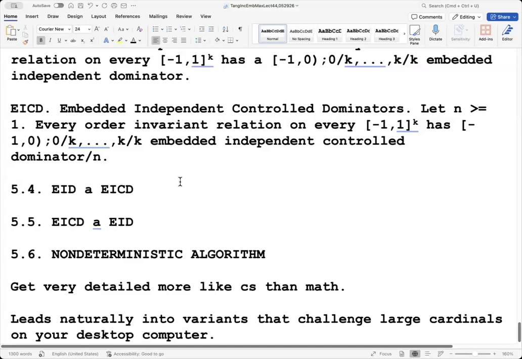So I just decided in 5.6 with a non-deterministic algorithm to really roll my sleeves up and be very, very specific, like a computer scientist, so to speak. And not only basically use this function, but use this function unraveled in the algorithm and line up tuples to be processed, to be accepted or rejected.